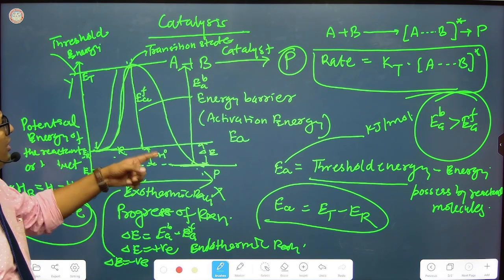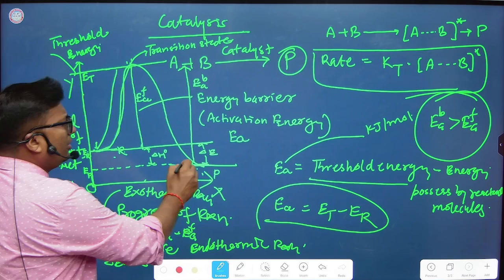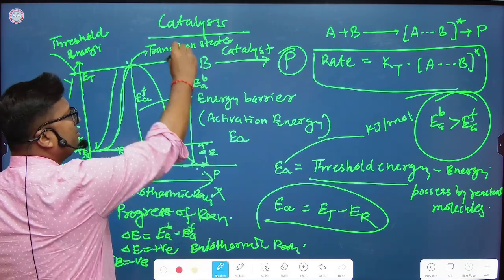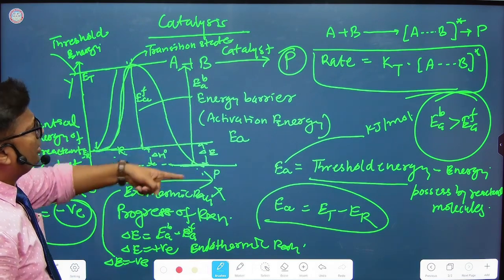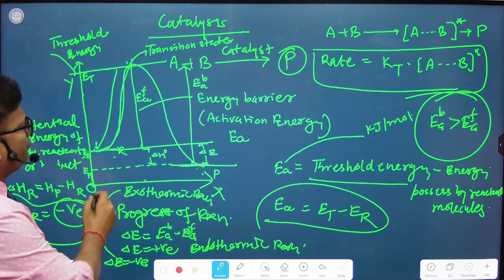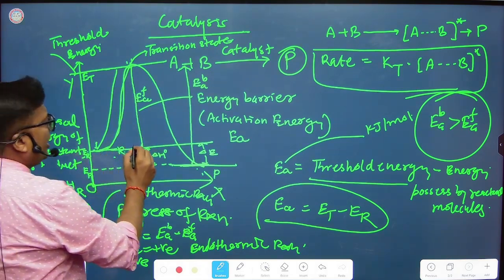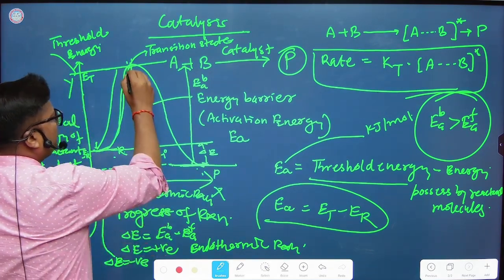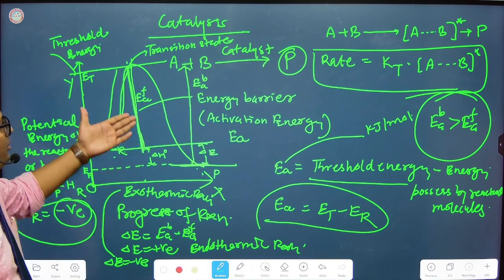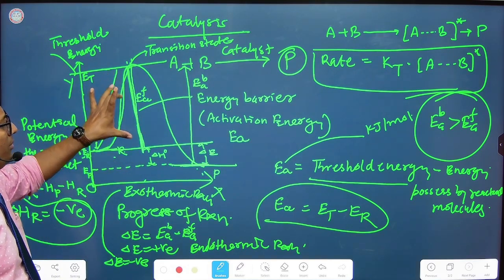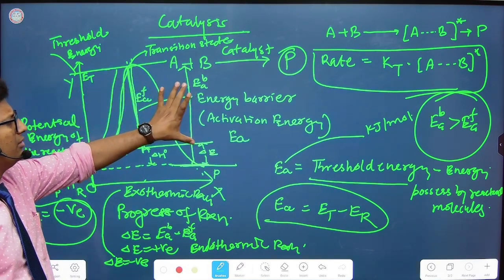Because the height of the energy barrier is very large, the reverse reaction is tougher compared to the forward reaction. The height of this barrier is low, but the height of this barrier is very high.